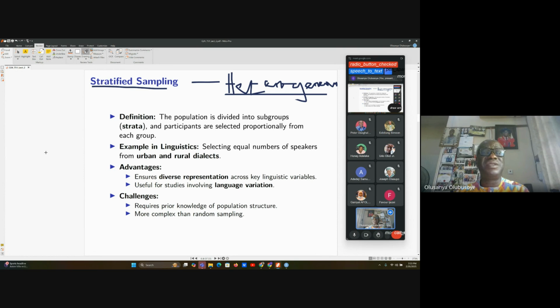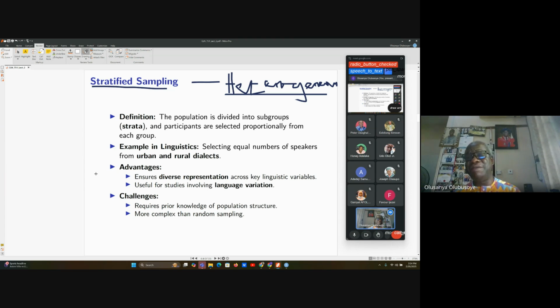In other words, if the population is made up of different ethnic groups, Ibadan, Lagos and so on, unlike a village where the entire village members will be speaking the same dialect, so there is no variation.